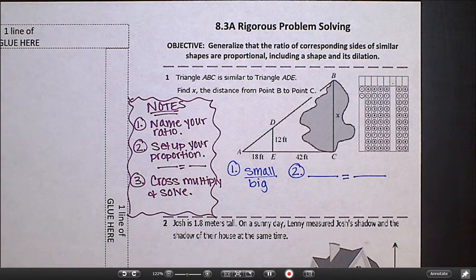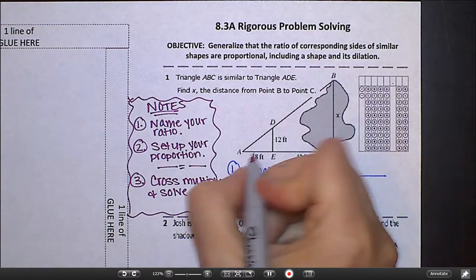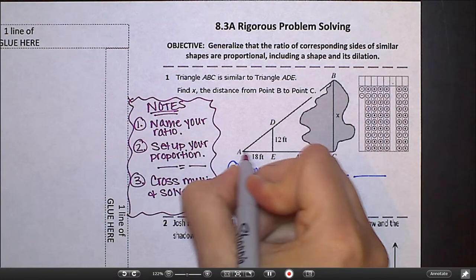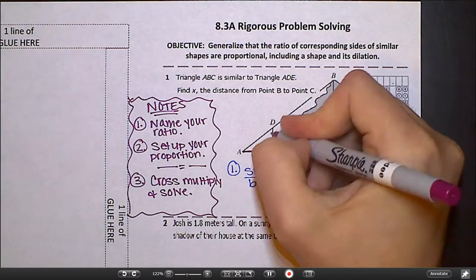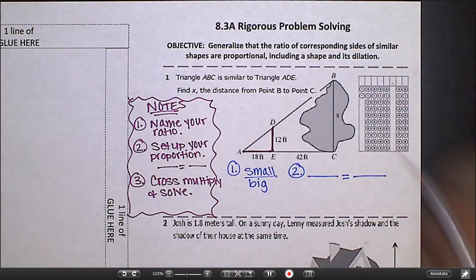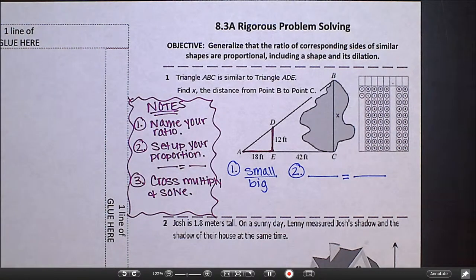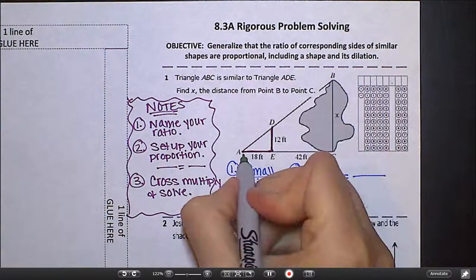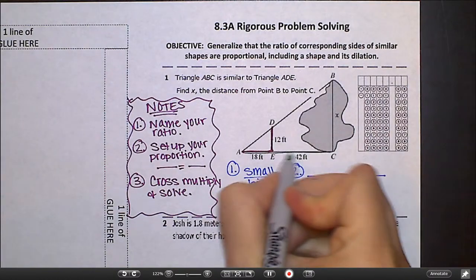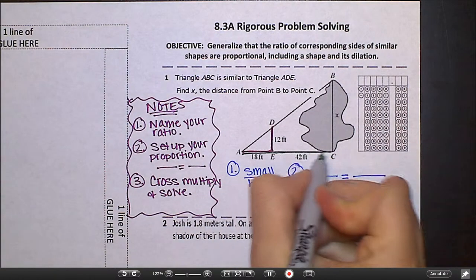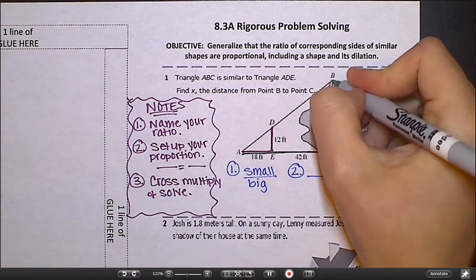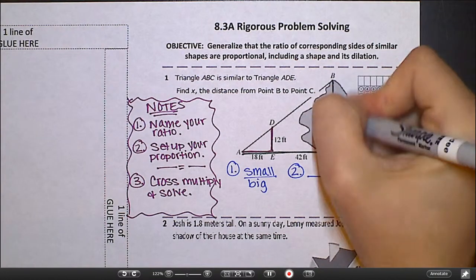Line equals line. And if I look at this carefully, I'm going to see that on my small triangle, I have the base and the height. And then on my big triangle, I also have base, but I have to take the base of the whole thing and the height. And height is X here.